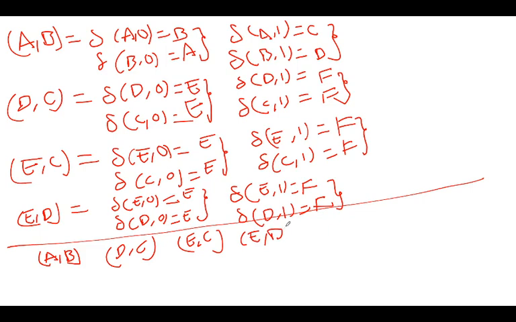These are unmarkable pairs. Now we have to draw an equivalent DFA, the minimized DFA diagram.